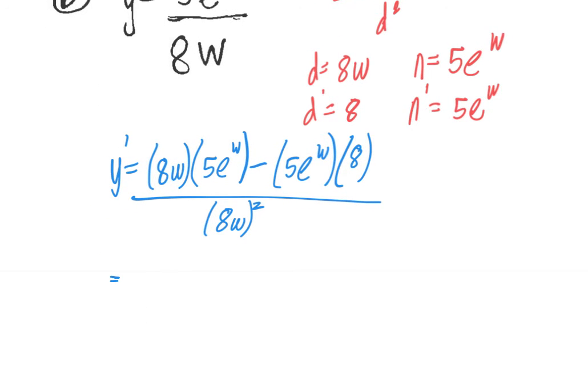There's a GCF of 5 and 8, so that's 40. GCF also of e to the w in the numerator. And you're left with w minus 1. Because, see, I pulled out an 8 and a 5 and an e to the w. So I was left with this w right here. And then again, I pulled out a 5, an 8, and an e to the w. So you're left with 1.